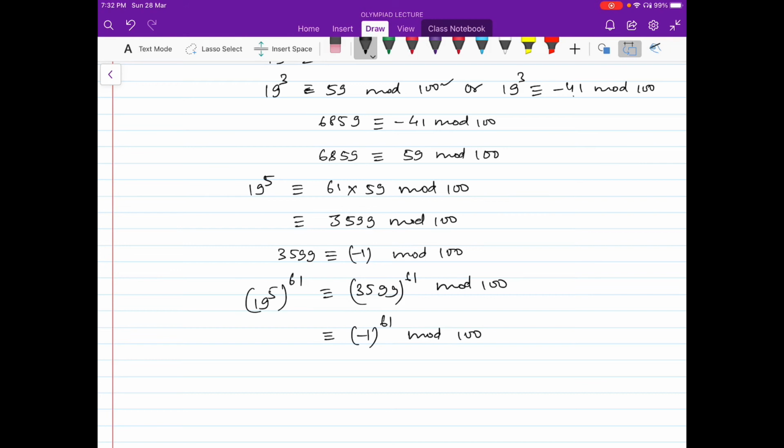So this is the property of congruence modulo, which I already discussed in the previous video, that if A is congruent to B mod M and B is congruent to C mod M, then A is congruent to C mod M. Very important property which I am going to use here, right? So it will give minus 1, power is odd, so it will give minus 1 only, mod 100.